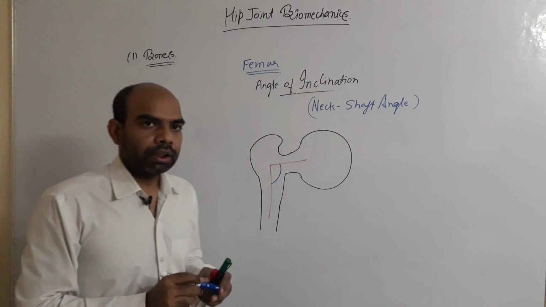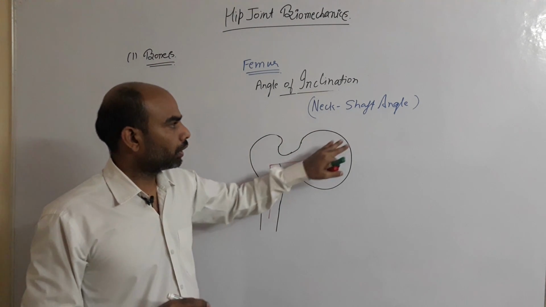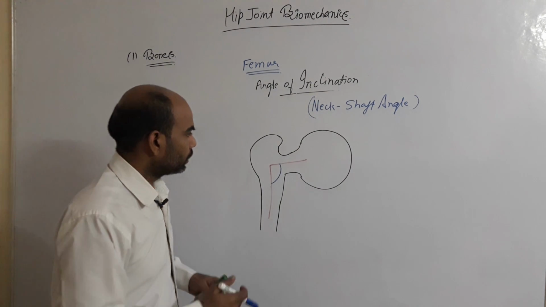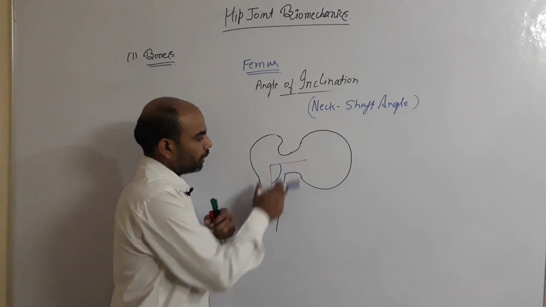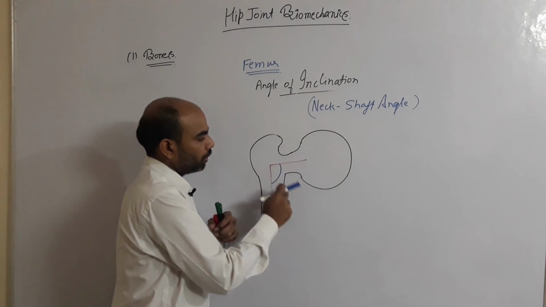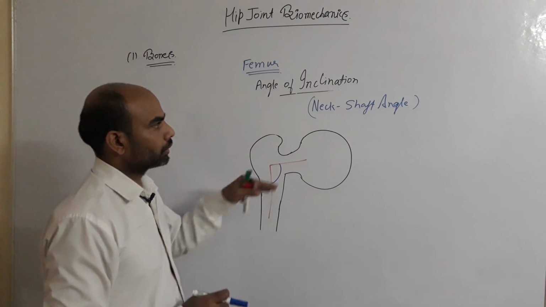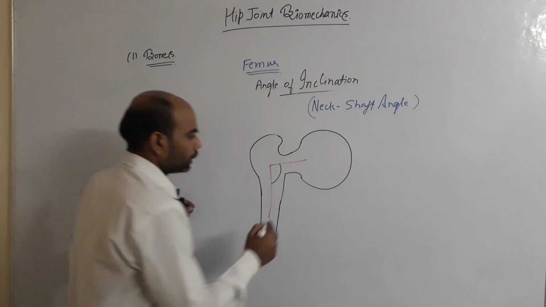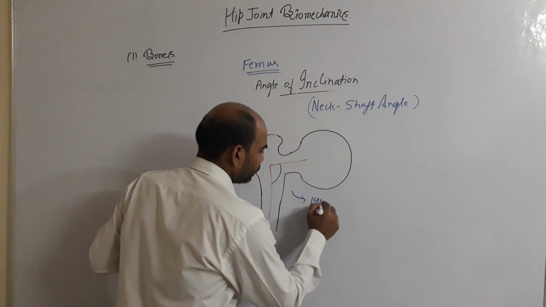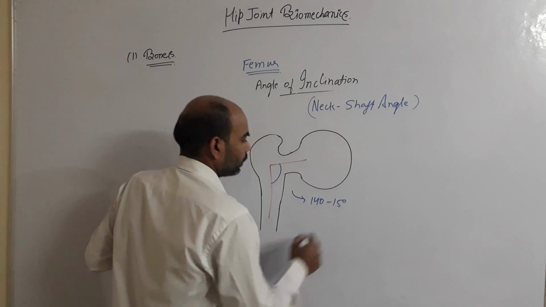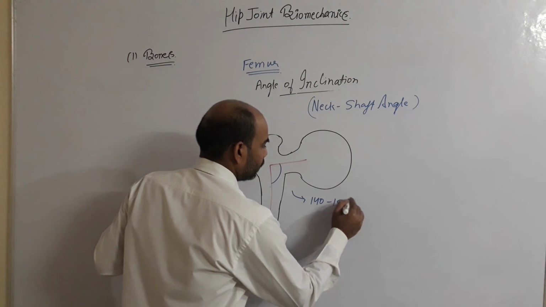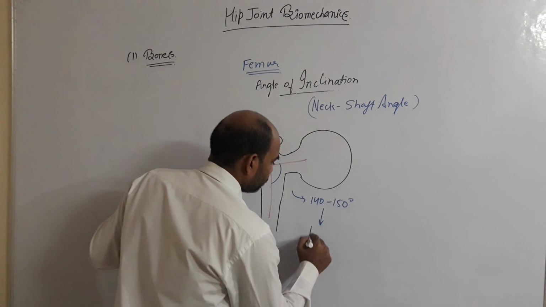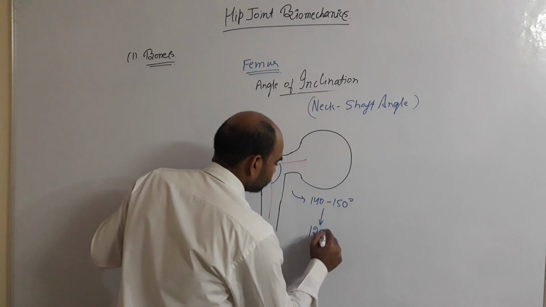This is the angle of the femur in the frontal plane. At the time of childbirth, this angle is around 140 to 150 degrees, but in adults it is reduced to around 125 degrees.